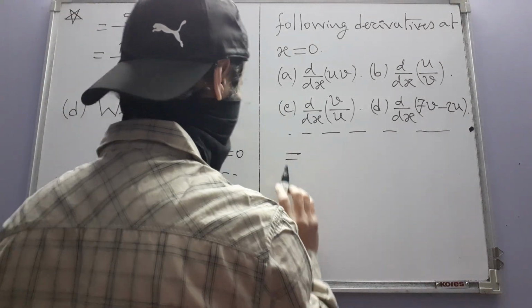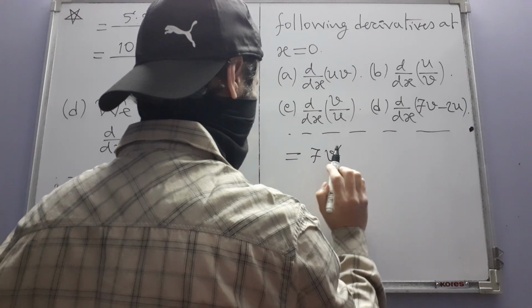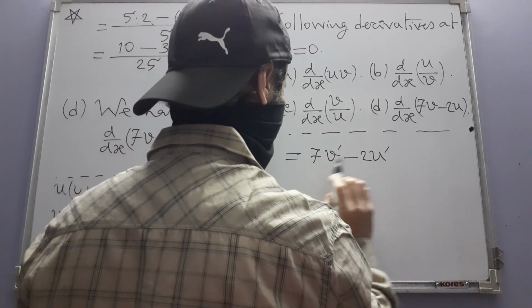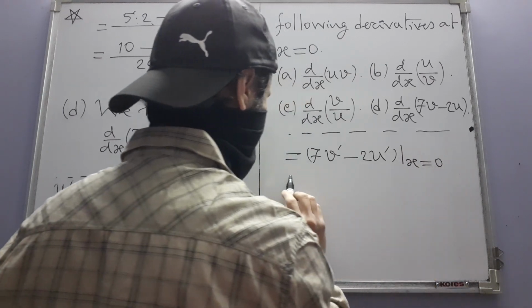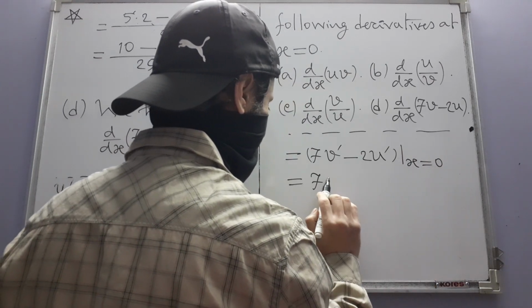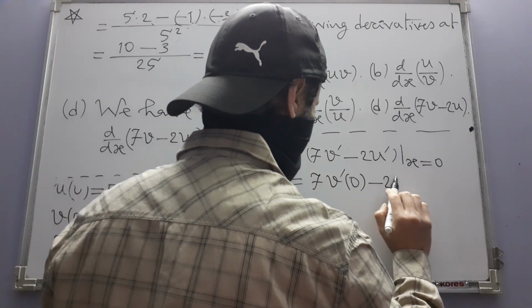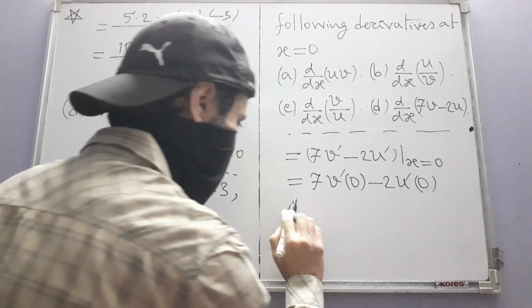So this is just 7 times v prime minus 2 times u prime at x equal to 0. Minus 2 times u prime of 0.